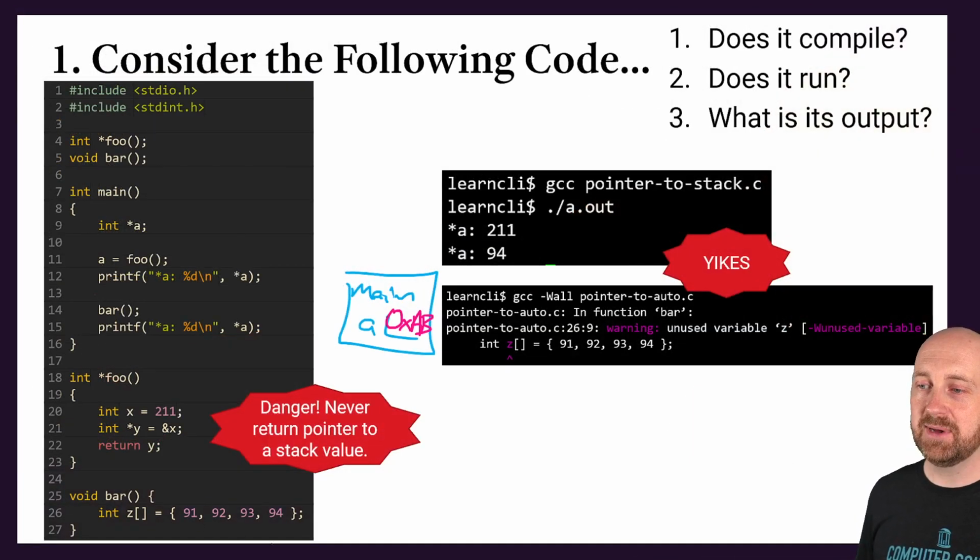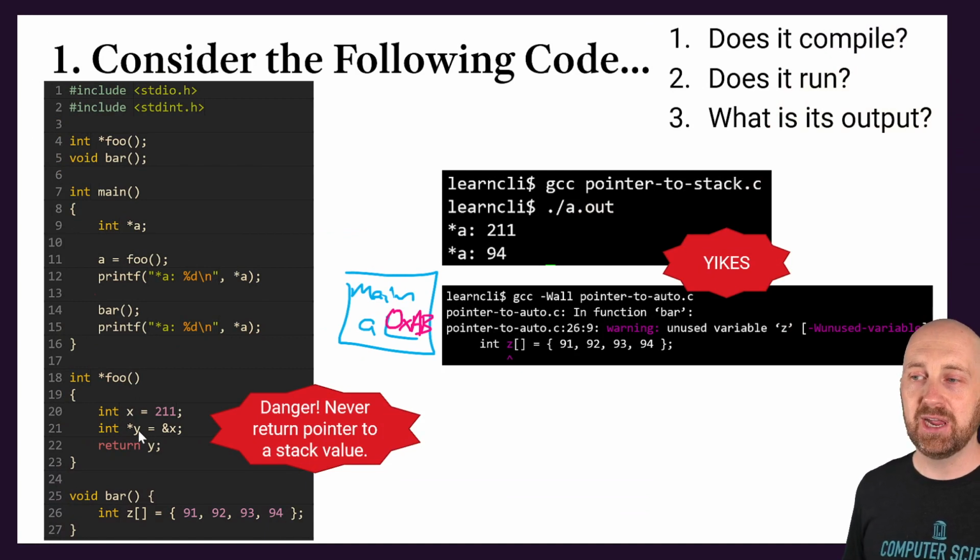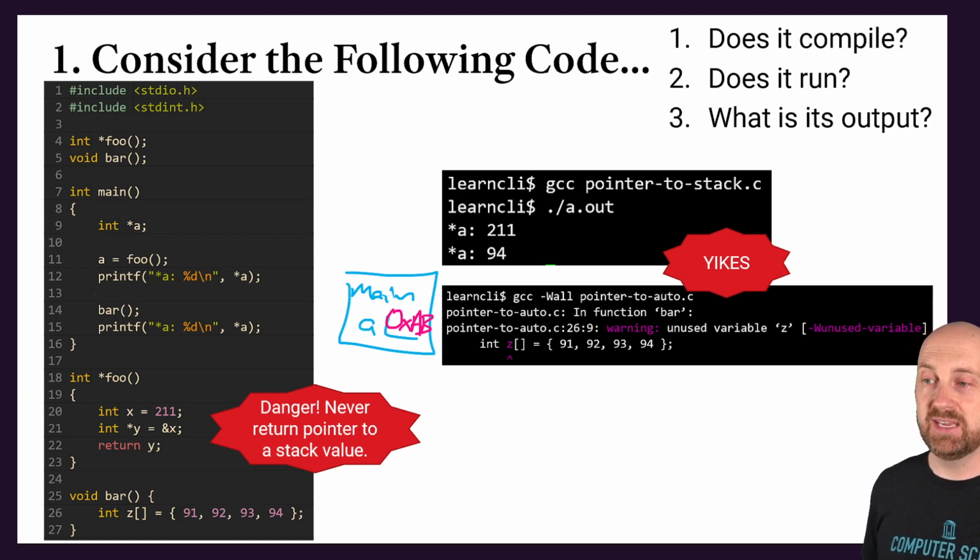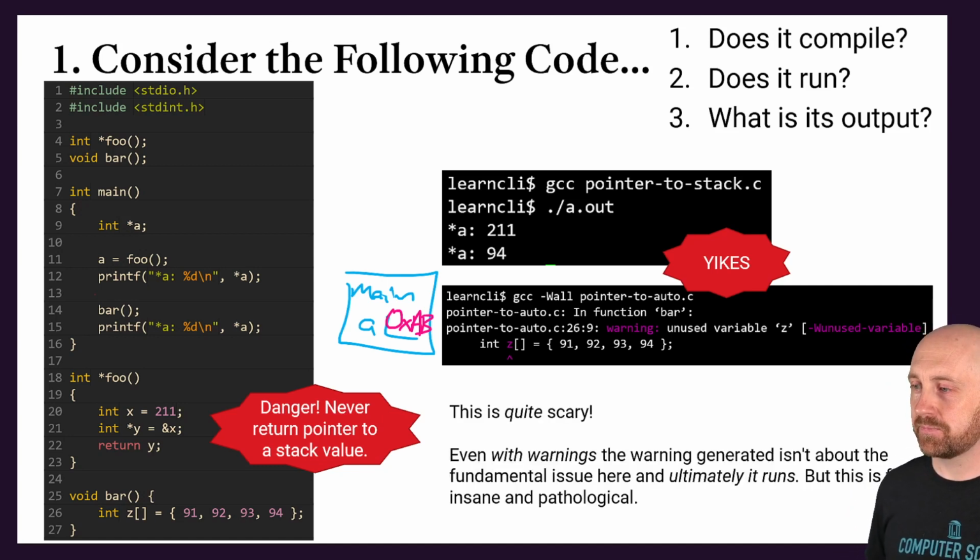It only complains about this bar function. It doesn't complain at all about returning a pointer that pointed to a local variable in a stack frame, which is something you should never do. Wow, that's pretty scary. This didn't even give us a warning about the really dangerous thing going on in this program.